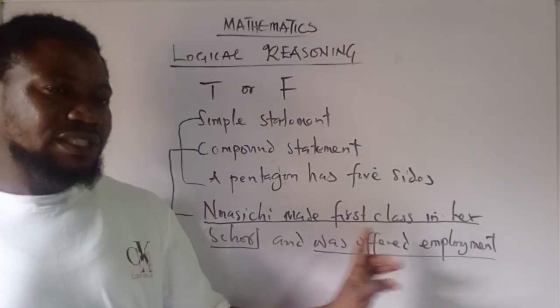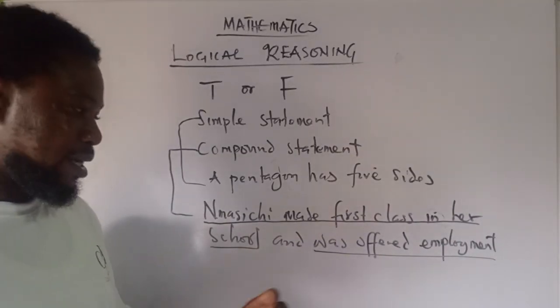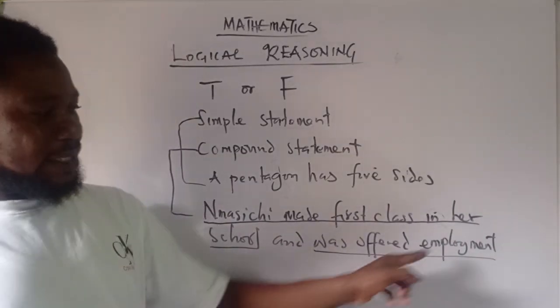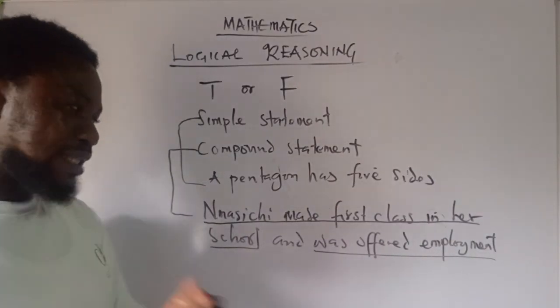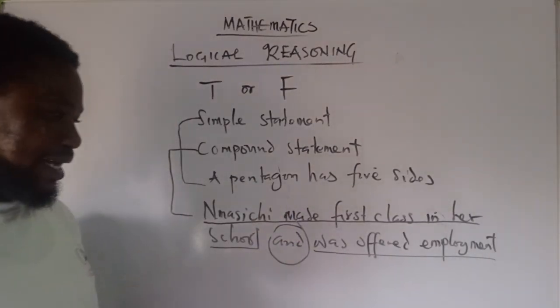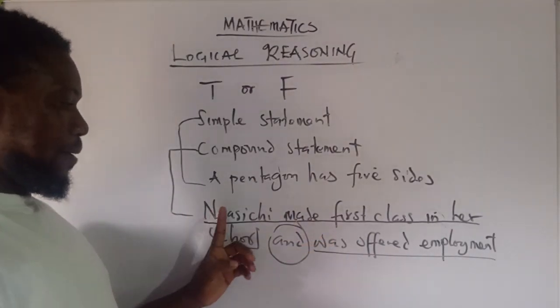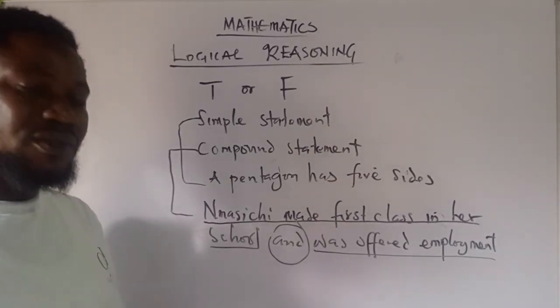Now, the first underlined part is a simple statement. Equally, was offered employment is another simple statement. And most importantly, look at this word here, and. The and there connects both sub-statements, forming a compound statement.